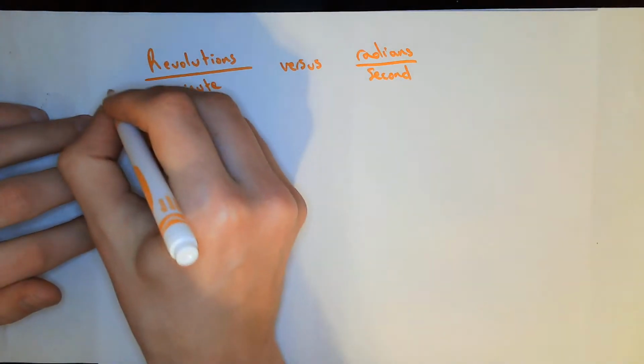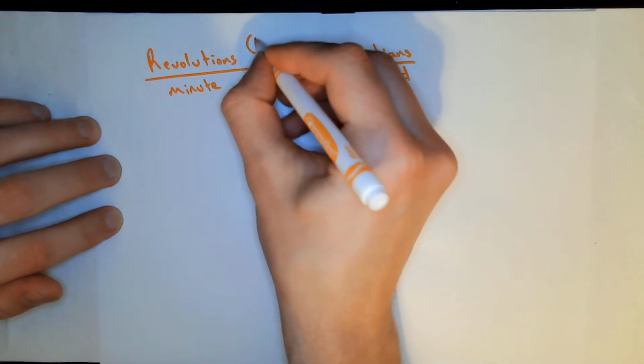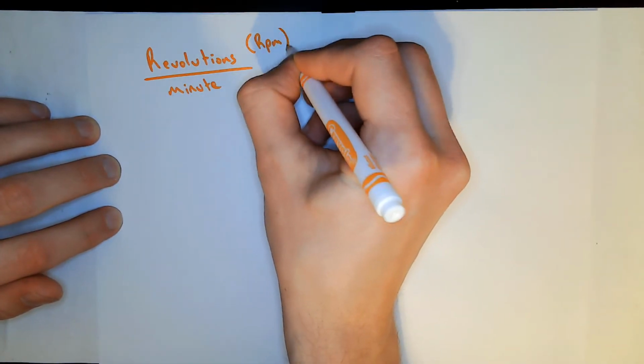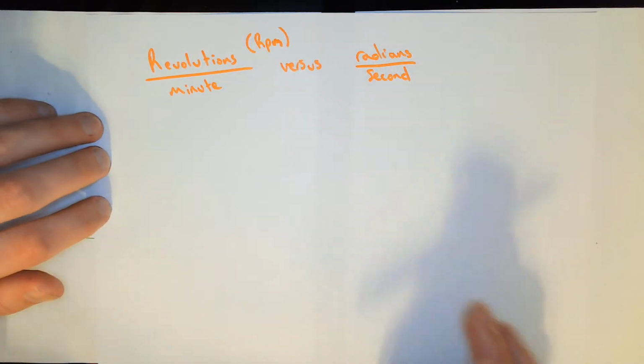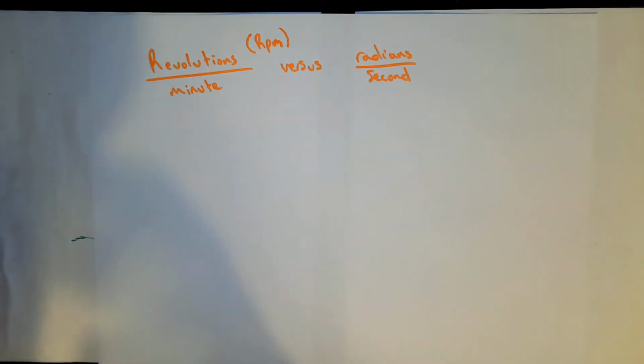Revolutions per minute, also sometimes called RPM, with the R being capital, most of the time anyways. That's how I've usually seen it.